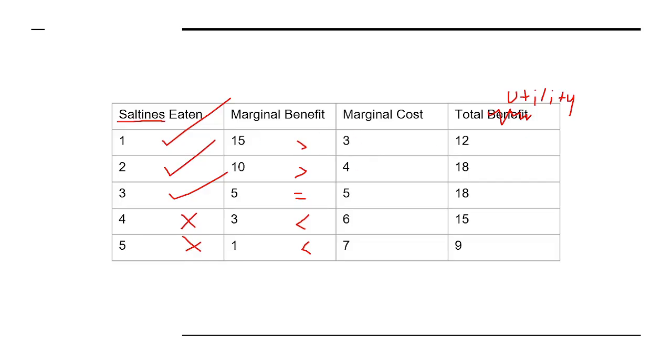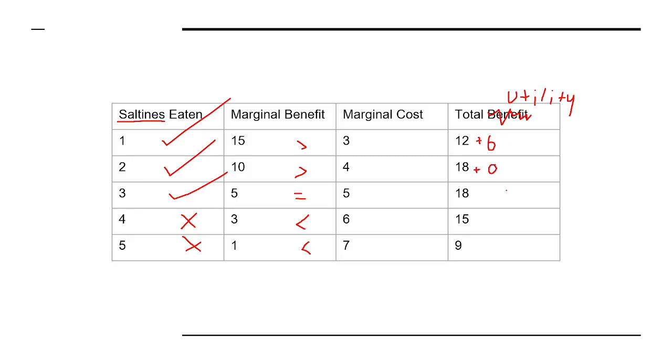Our marginal utility for that second saltine is 6. Total utility, I just added 12 plus 6. It equals 18, right? So we continue to gain from consuming that second saltine cracker, right? 5 minus 5 is 0. So we get 18, right?